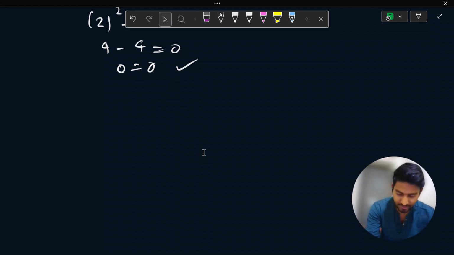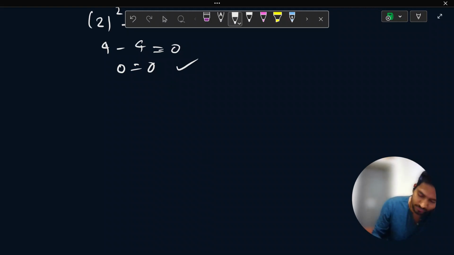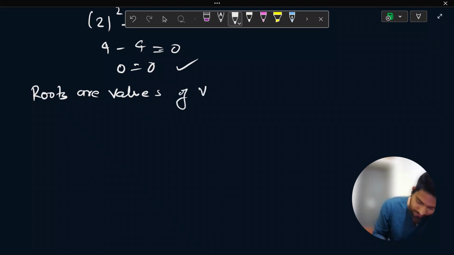Roots are the values of the variable which satisfy the equation. Satisfies means if we put it in the equation, it will become 0.